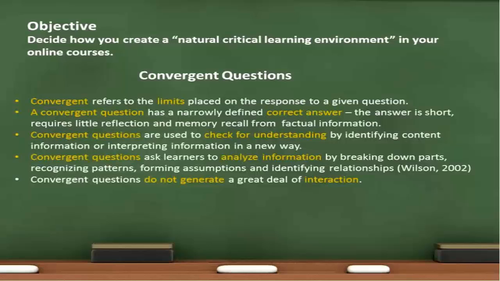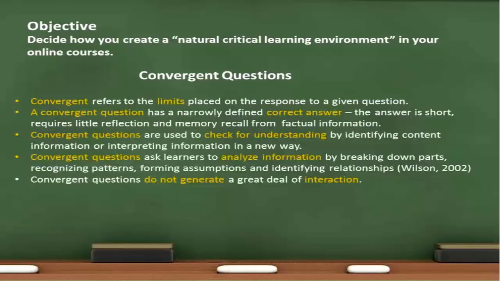But you can use these types of questions to check your students' understanding, to see if they understand the terminology, identifying parts of information, and also interpreting the information in a new way.